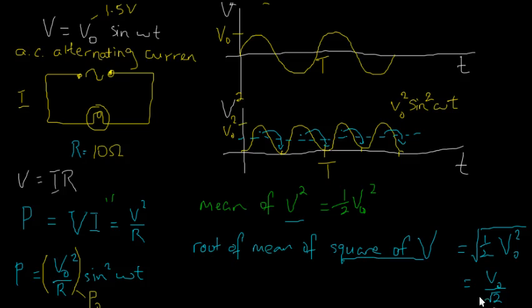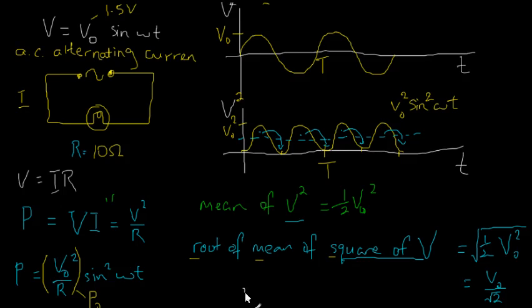So this is like, if you like, a different kind of average, and this kind of average has a name. It's called the root mean square. Now the short form is just the RMS.